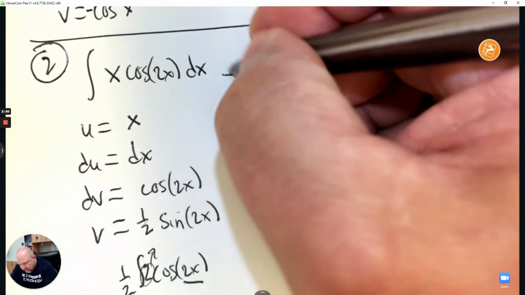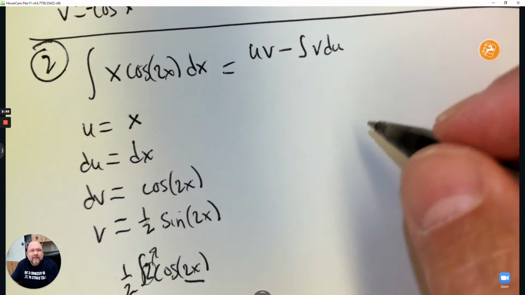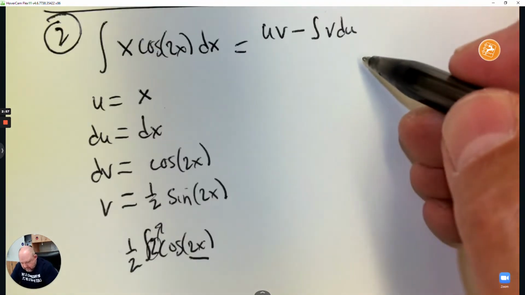Next, we're going to follow this formula. So it's u times v, integrate v du. Press pause and see if you can set this up.